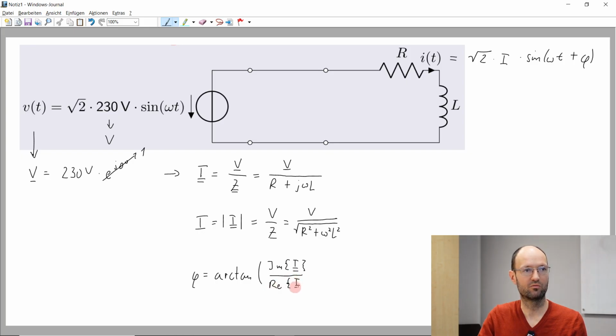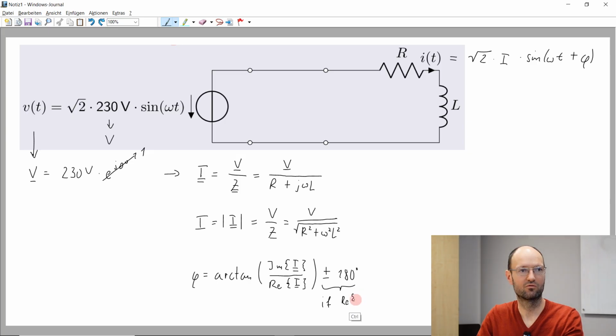And then we would need to make sure that we are in the right quadrant: if the real part would be negative, that it's the right angle. Sometimes we might have to add plus or minus 180 degrees, if the real part of the current would be negative.